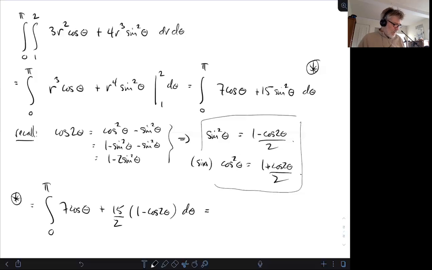I'm integrating cos, the derivative of sine is cos, so this is 7 sine theta plus 15 over 2 times the integral of 1, which is theta. And again, the derivative of sine 2 theta is cos 2 theta times 2, so then we'll have a 1/2 of that. And this is between 0 and pi. So I did a quick little substitution there for the last one.